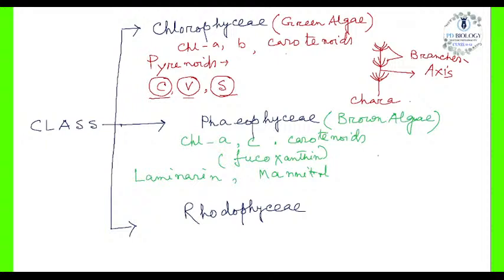The cells have a cellulosic cell wall covered on the outside by a gelatinous coating. This gelatinous coat is called algin. This is the gelatin sheath. Yes, Ankita, that is algin.